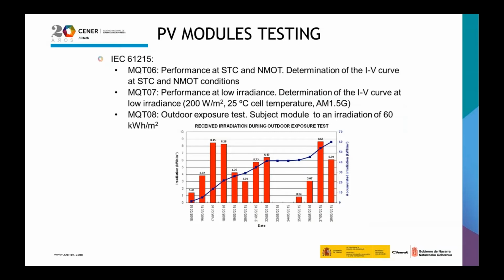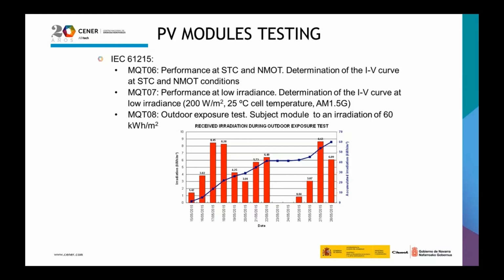Then we have some other characterization tests. The MQT06 is the performance at standard test conditions, because the first one, the MQT02, for maximum power determination, can be performed within a range of irradiance and temperature conditions. But here we have to measure the performance of the module exactly at standard test conditions and also at the temperature measured in the previous test, MQT05.